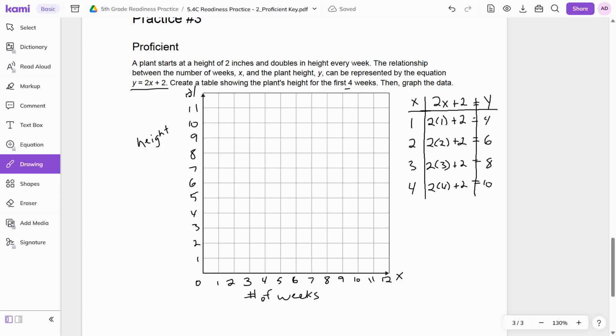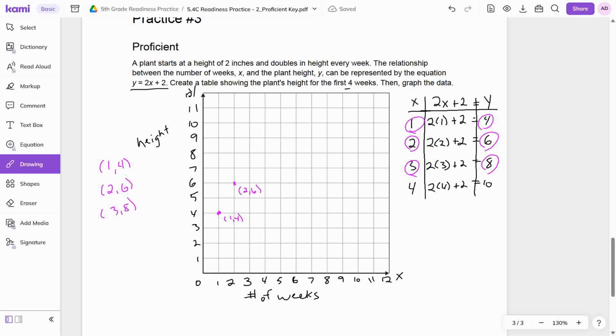All right, so we've got a value here of 1, 4. Let's circle this. So 1, 4. And we can go ahead and write that value. We've got a 2, 6. So here's my 2 and here's my 6. Okay, so 2, 6. We've got 3 and 8.